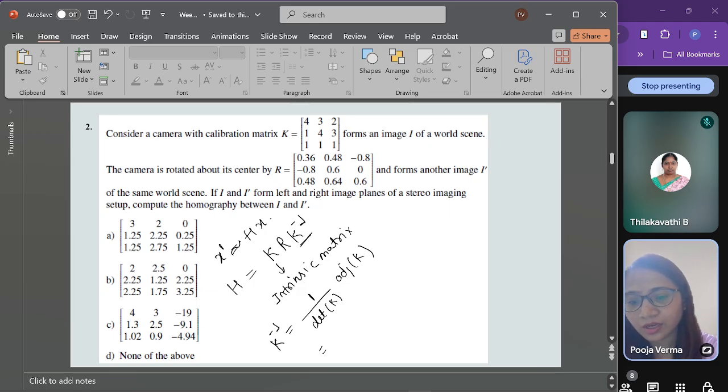So first we will calculate the determinant of K. From here we can directly get the adjoint, you can calculate it later. I will write it here, because for the adjoint you have to calculate the cofactors first, then take the transpose. Okay. So what will be the determinant of K?